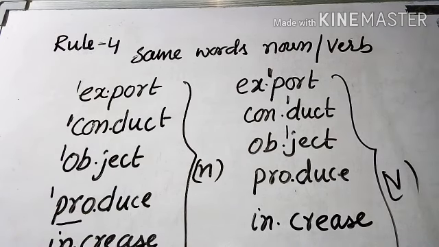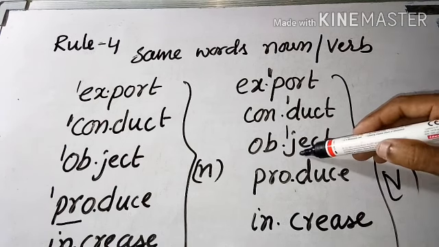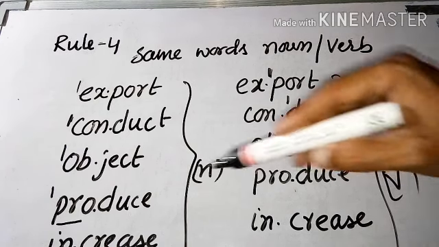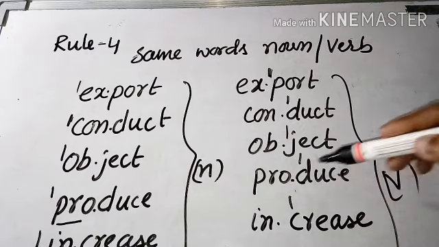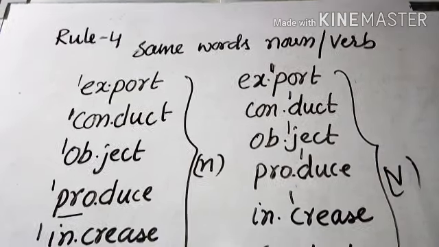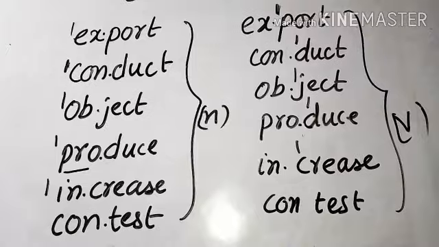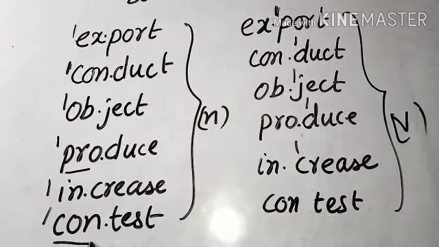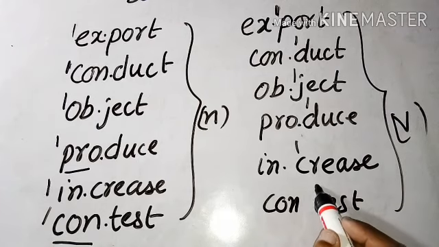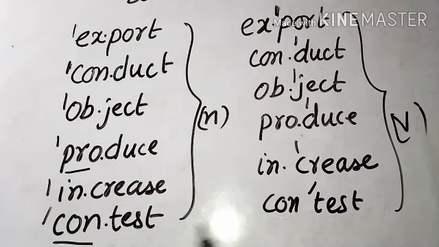Here the second syllable is stressed. Produce. Next, this is increase. Next one is contest. Con is stressed. This is contest.